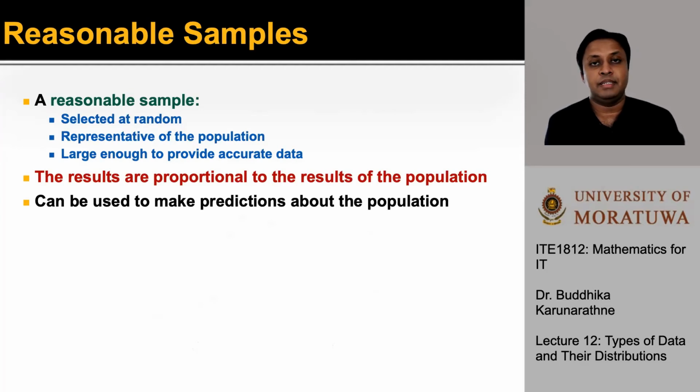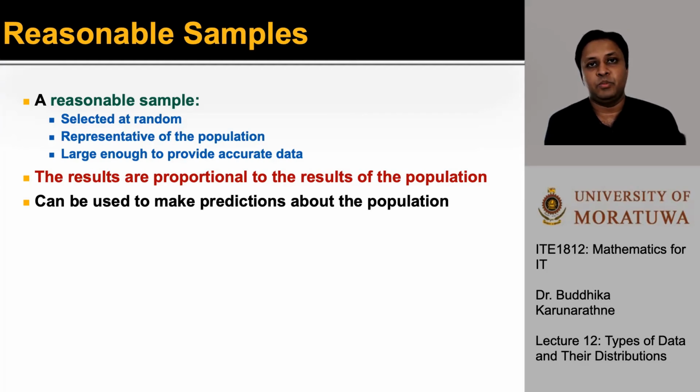So when we have a larger data set, larger population, we need to select samples for analysis. In order for this sample to be a reasonable one, there are a few characteristics that we should consider. They should be selected at random, and this sample should represent the population. Then it should be large enough to provide accurate data.